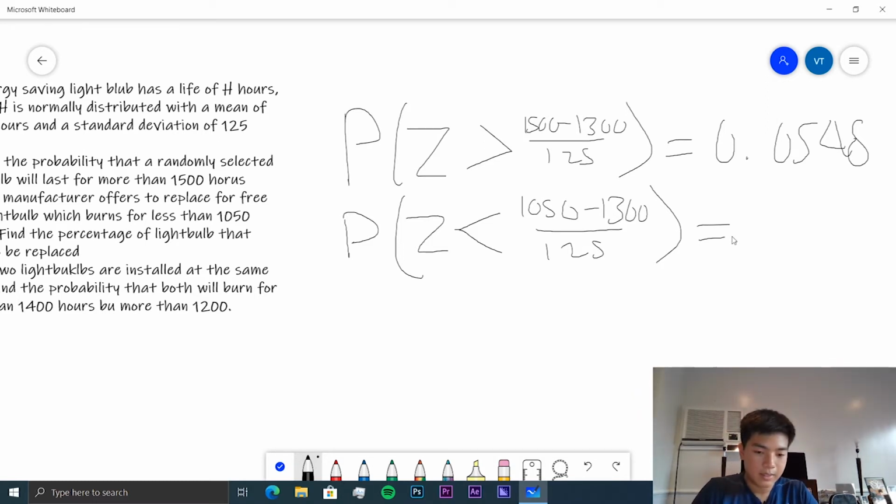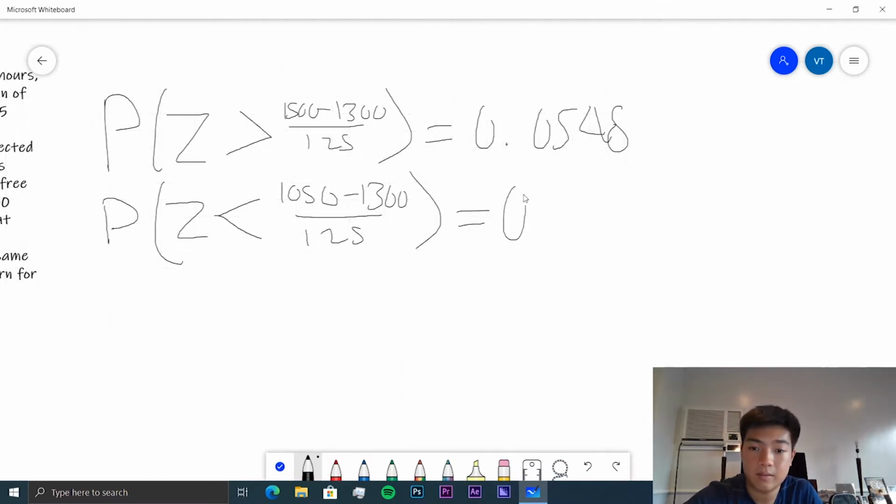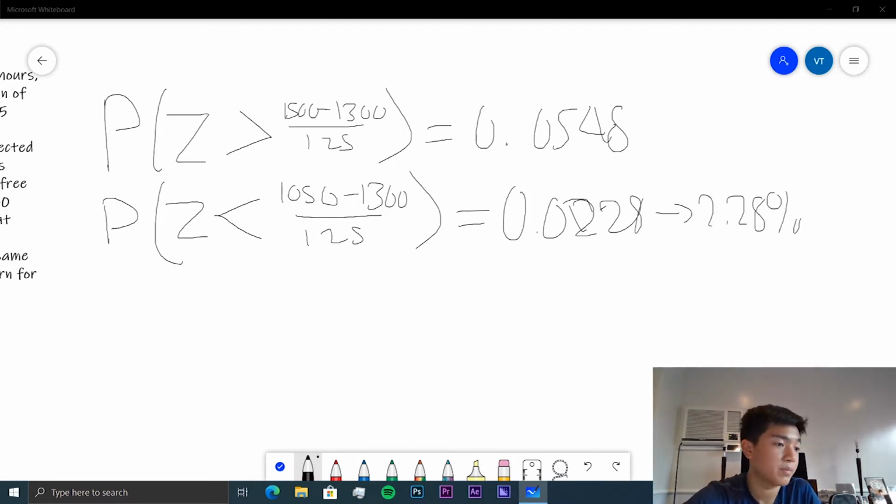So that would be equal to 1 minus 0.9772, so that's around 0.0228, which is around 2.28% of light bulbs will need to be replaced.